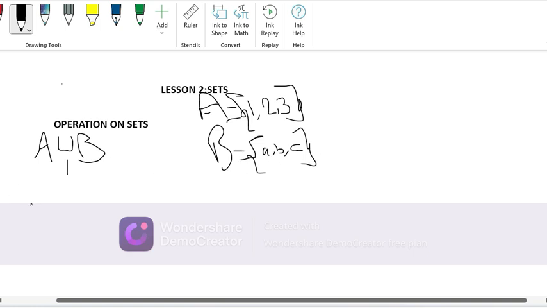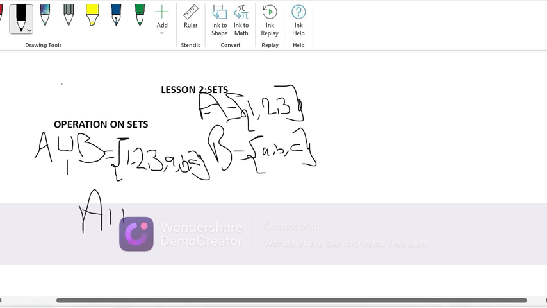So when you're talking about A union B, what we're just trying to say is elements that are either in A or B. So at the end, the elements that are going to be in A union B are 1, 2, 3, a, b, c. I also talked about set builder notation. How are we going to write this in set builder notation?